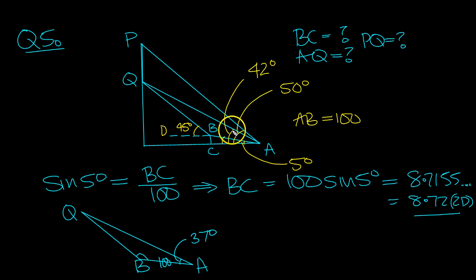This angle here, if you draw that line along, if that's 5 degrees, this is 5 degrees. And this is 180 less 45 plus the 5 degrees.